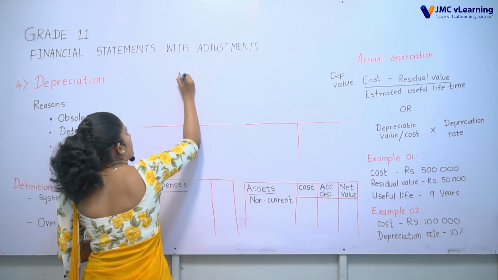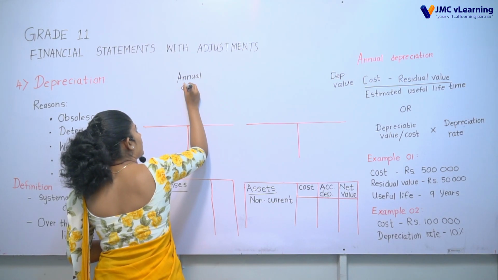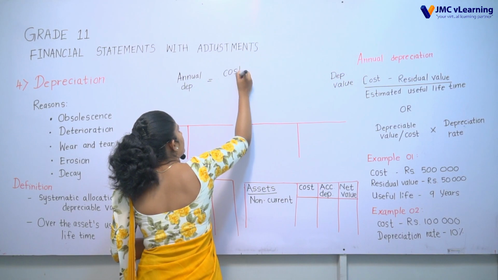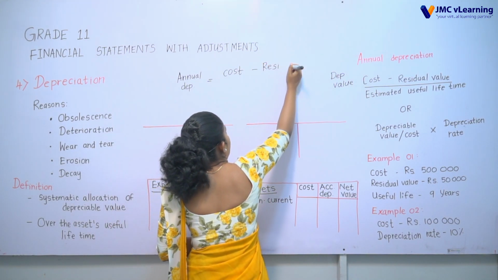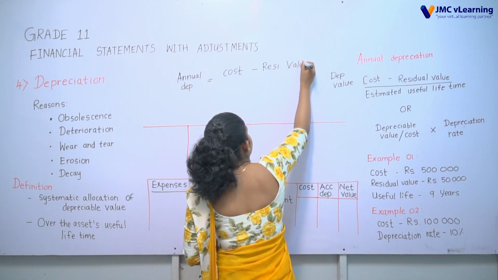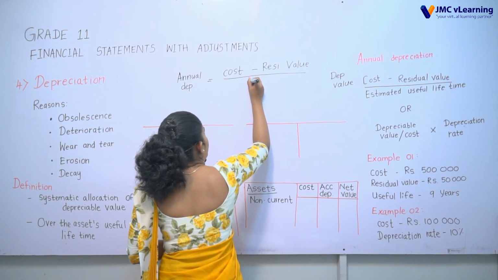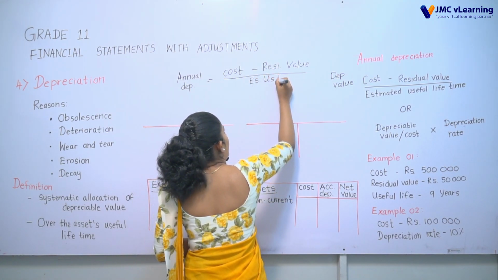Annual depreciation we can calculate: cost minus residual value, divided by estimated useful lifetime.